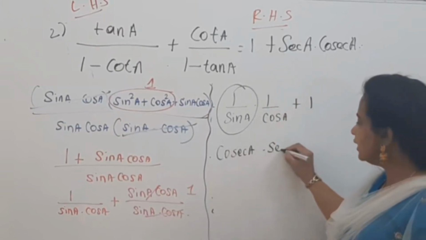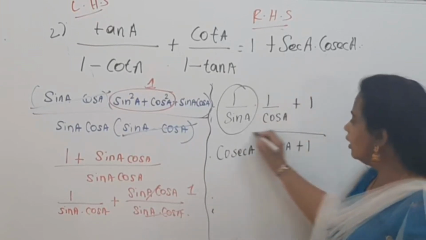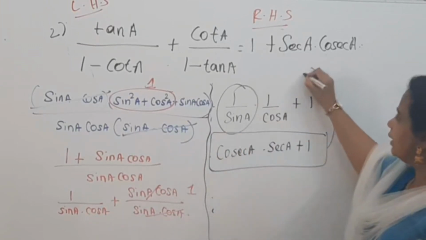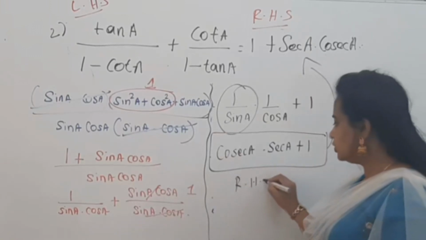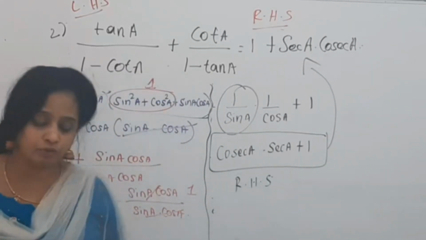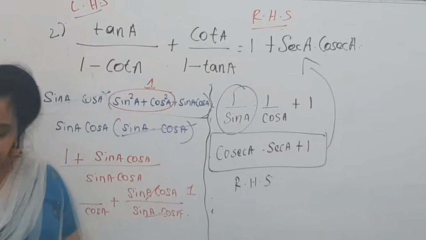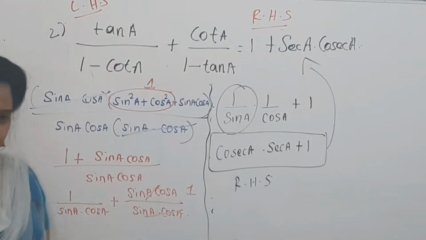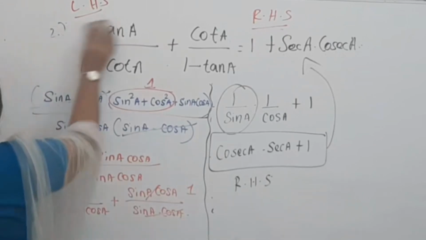It's nothing but sec A, plus 1. So you can get your right hand side, 1 plus cosec A dot sec A, which is my RHS. Hope everyone gets the proof, understands this proof, how to get your identities on the left hand side and the right hand side. Children, we move on to the next, fourth question.